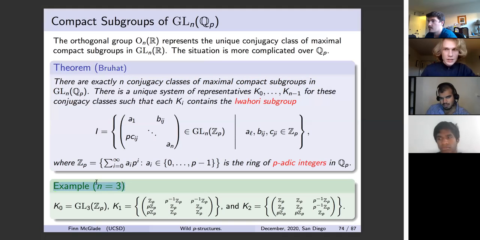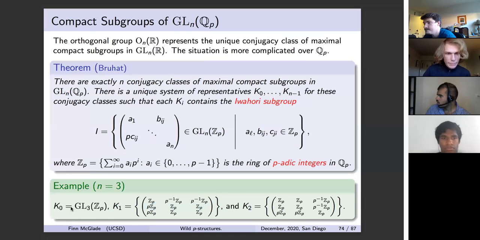So if we take the example of n equal to 3, there are going to be 3 conjugacy classes of maximal compact subgroups in GL_3(Q_p). And here are representatives for them. The first one is just the subgroup GL_3(Z_p). It turns out that this thing is always maximal and compact. And then there are 2 other subgroups, K_1 and K_2, which are subgroups of matrices of this form.